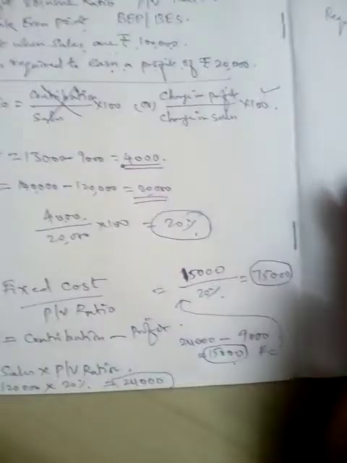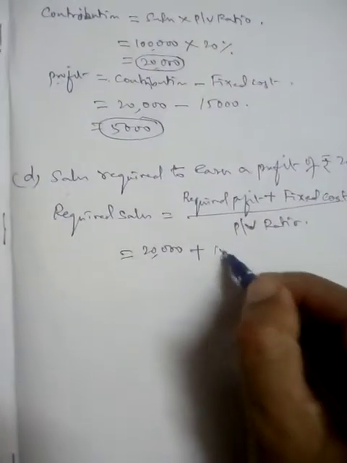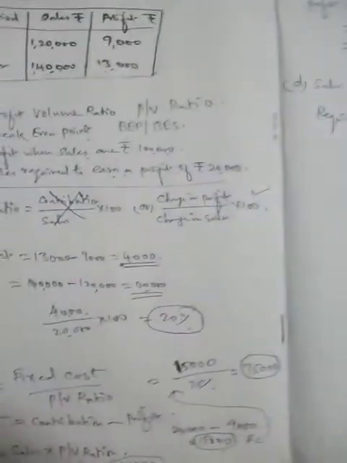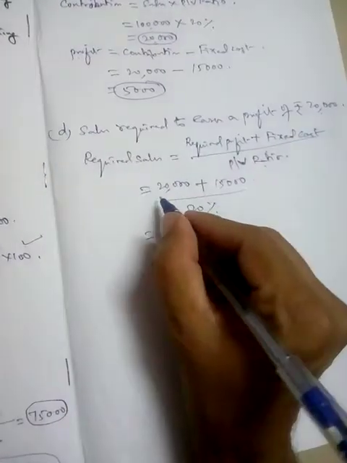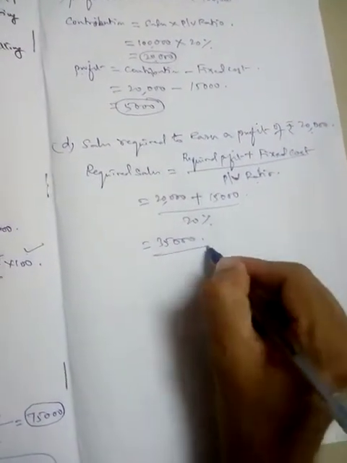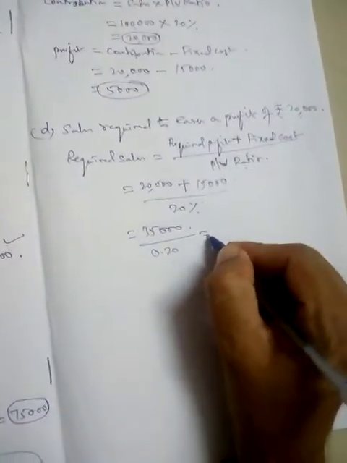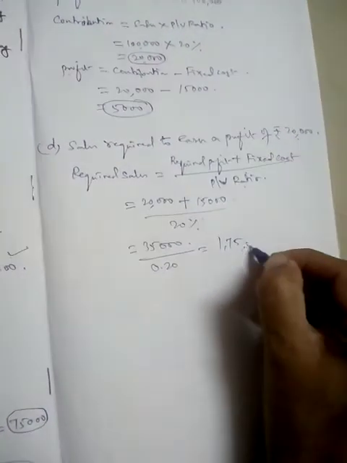We found the fixed cost is 15,000, divided by PV ratio. PV ratio here we found 20%, the same 20%. If we simplify this, 20,000 plus 15,000, 35,000 divided by 20%, that is 0.20. If you simplify, you may get 1,75,000.